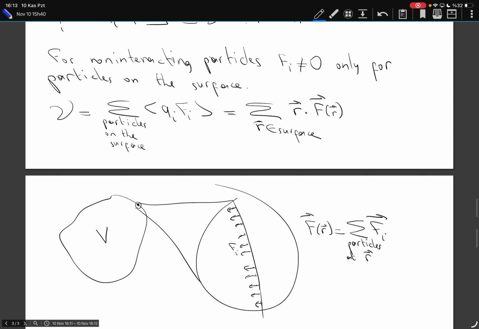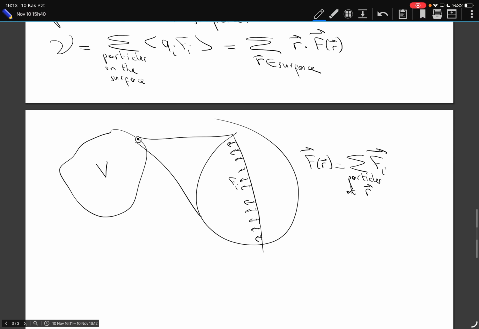Now, whatever force the bounding box is exerting on my particles, let's say that this is my ideal gas, and this might be the piston, a gas confined within a piston, for example. We have seen that the ideal gas has a pressure, which basically means that the particles, as they are colliding with the surface of whatever is binding my system, are exerting a force on the surface.